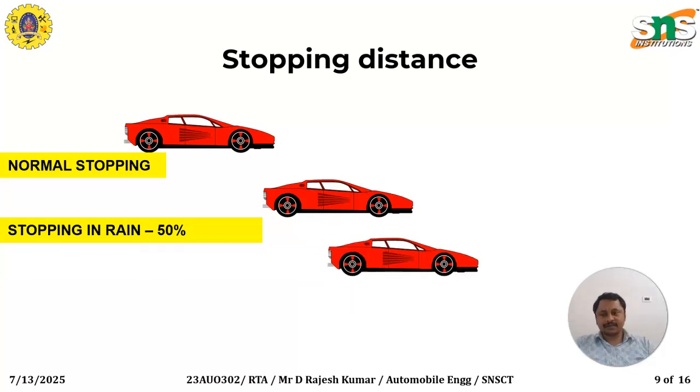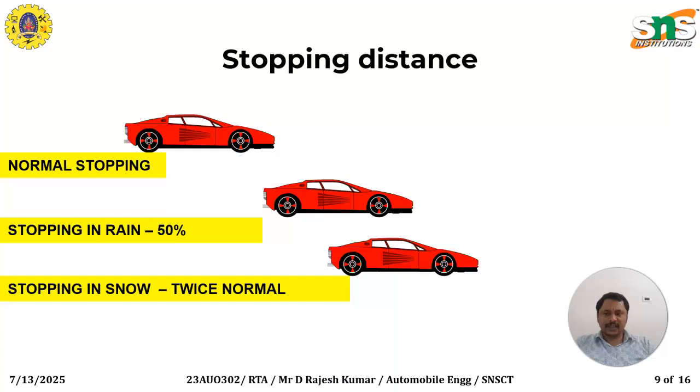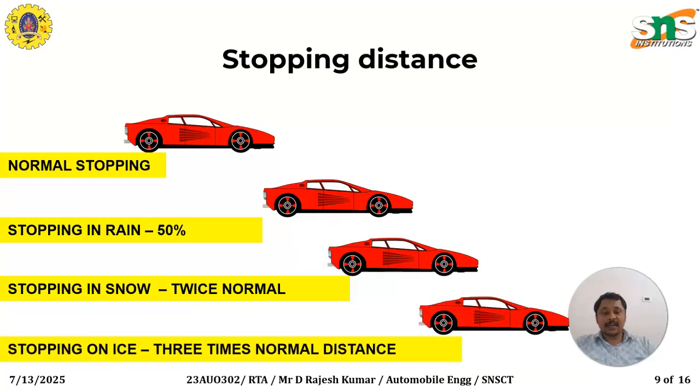In snow, it is twice the normal, and on an icy surface, it is three times the normal distance. The stopping distance is one of the major factors, because the vehicle should be stopped at a particular point in order to prevent an accident. If the vehicle is not stopped within a particular distance, there is a chance of a crash or a collision.